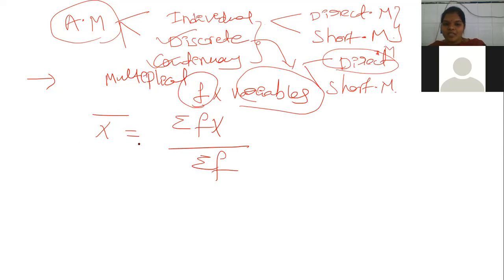What I gave you yesterday relates to this mean. This is the arithmetic mean, and sigma f is the sum of frequencies.